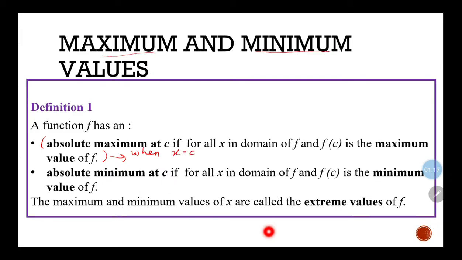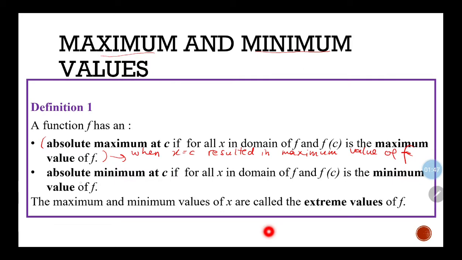It doesn't make sense to me. So what it means here is when x equals c, it results in the maximum value of f. So when x equals c, f is at its maximum value.